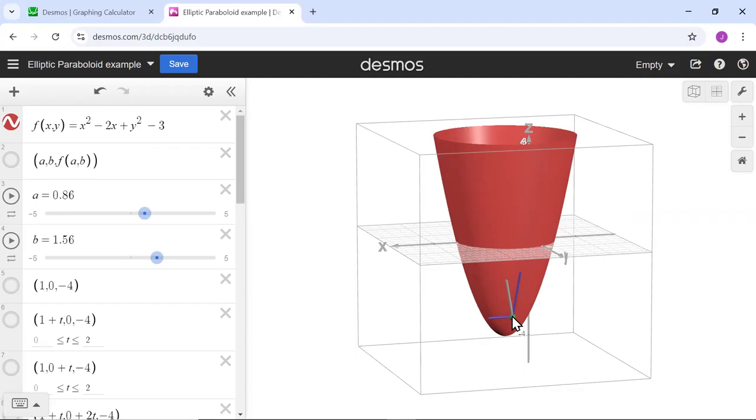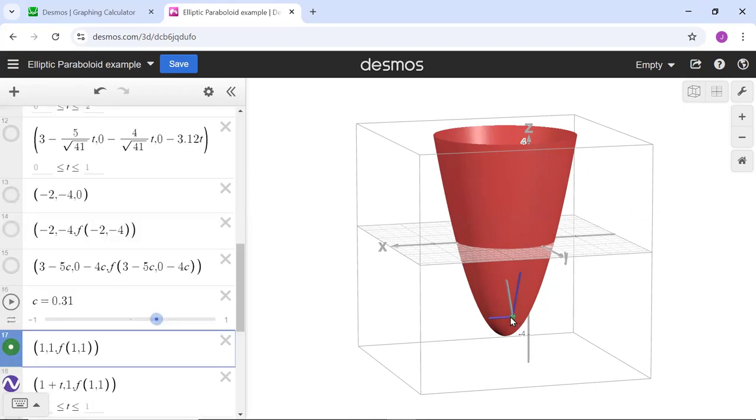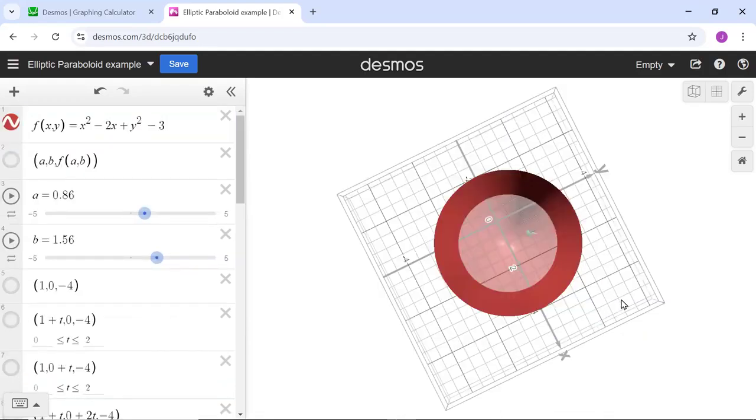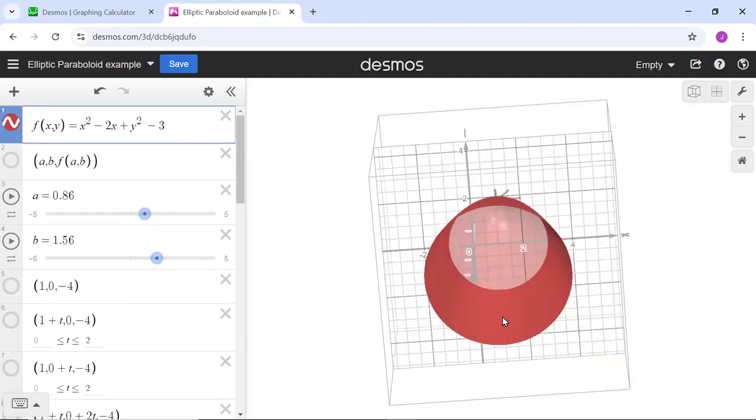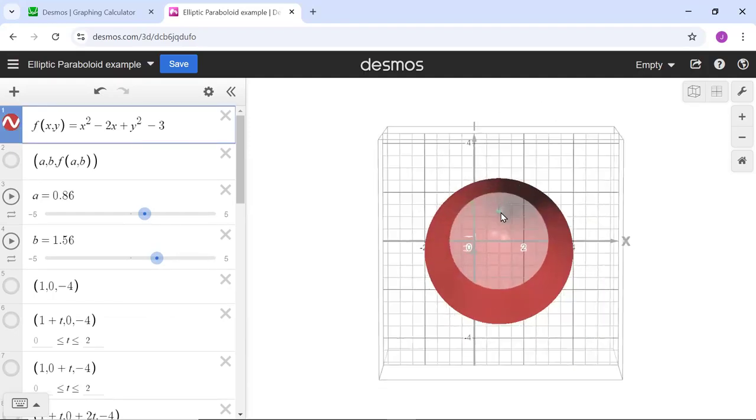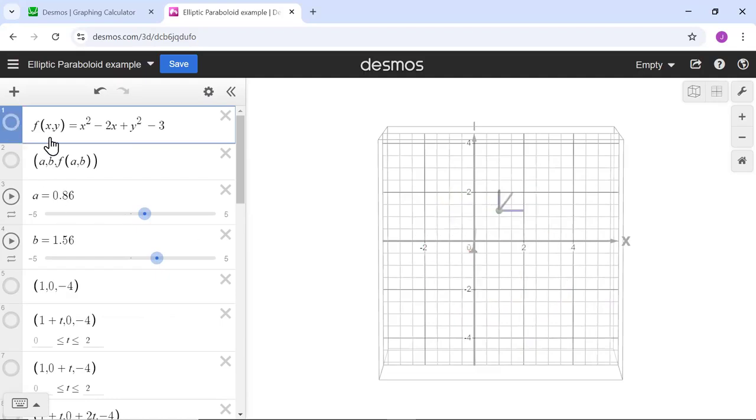That's telling me as I start at this point, which is at the point 1, 1. By the way, that's 1, 1, negative 3, if you're interested. And you're moving in the direction of 5, 8. Going to be hard to see, but in the direction of vector 5, 8, we're moving over 5, up 8.